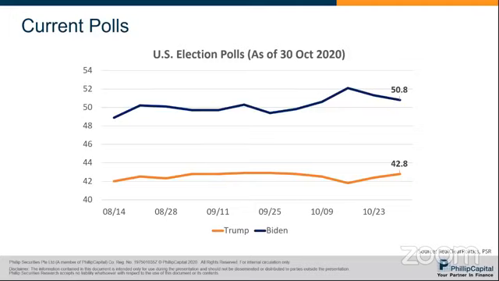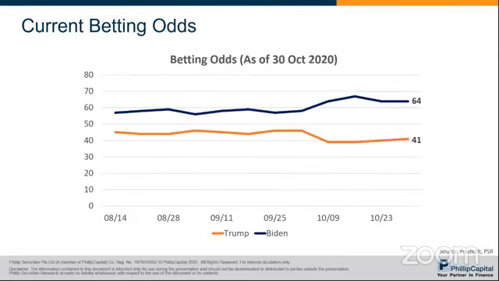I'll explain these points more later, but this points to the fact that Biden is in a better position to win the presidency as compared to Clinton back then. This is the betting odds, same thing as we see. So Biden has been consistently leading Trump.